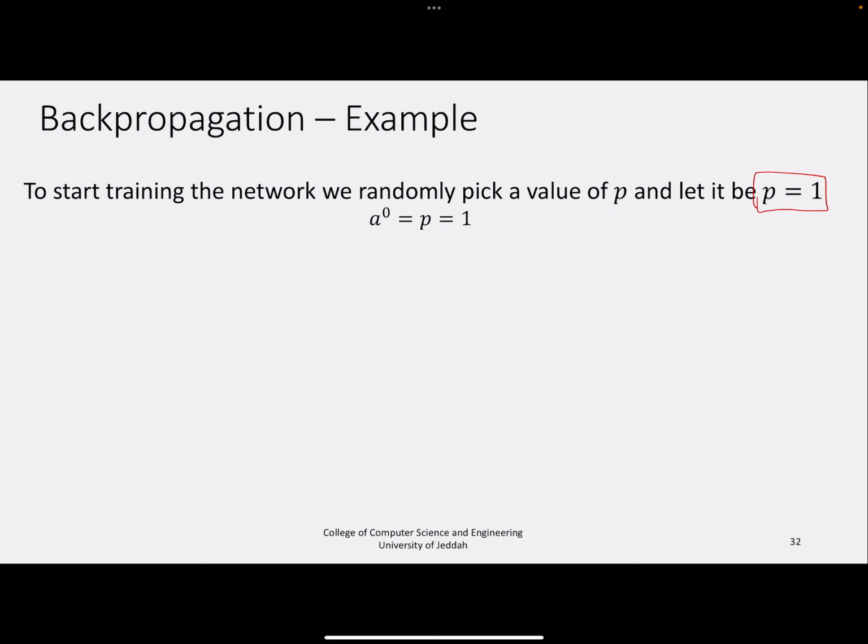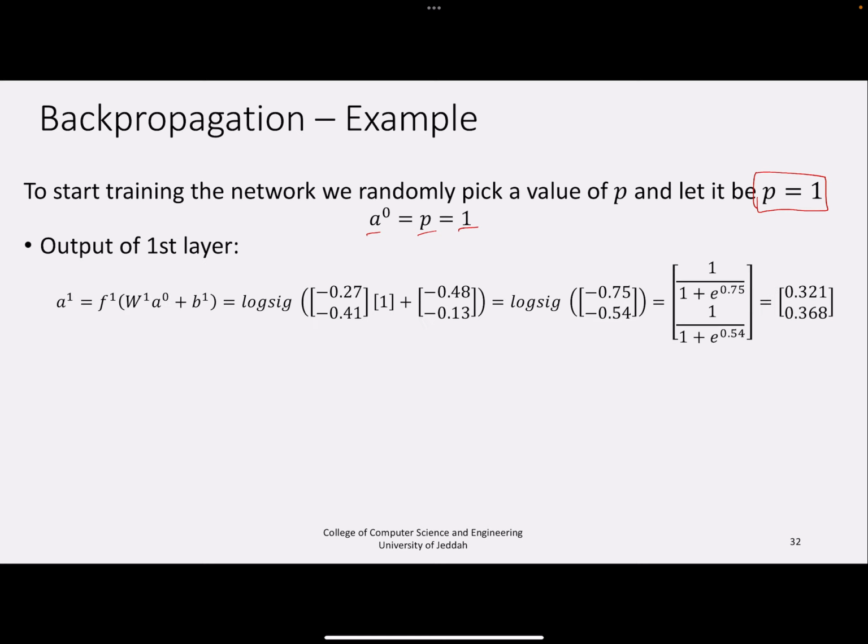The input, called A0, is set equal to 1. So the output from the first layer is quite simply this. Substitute 1 in here. We use the weight and bias vectors in this case.